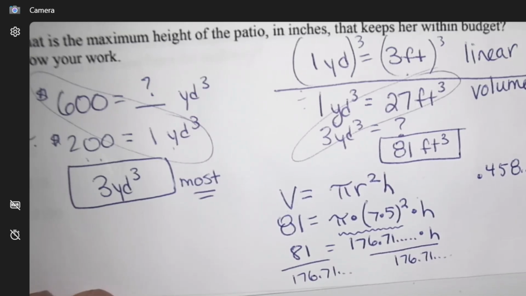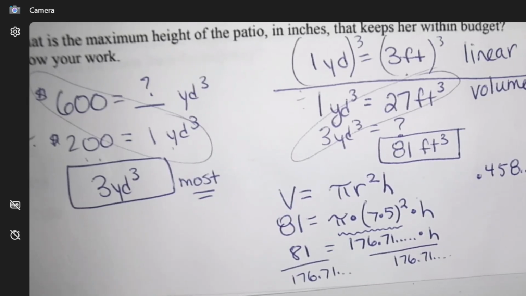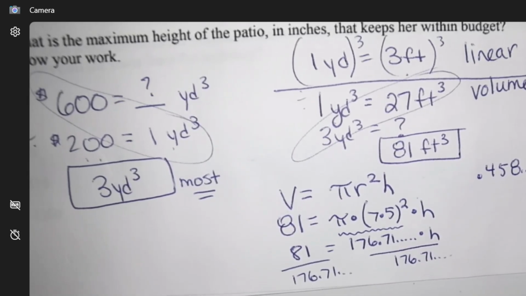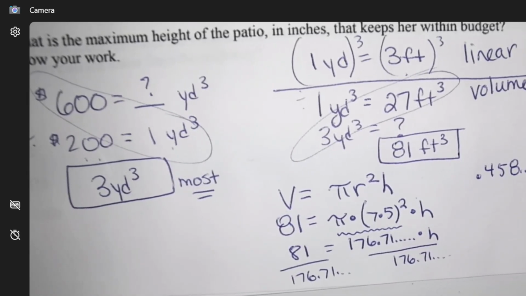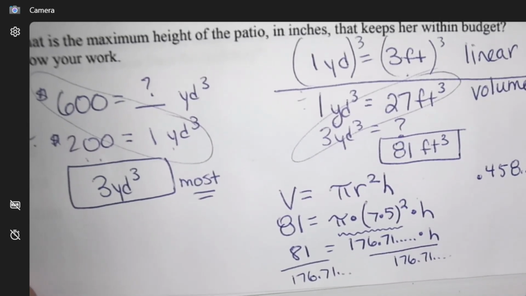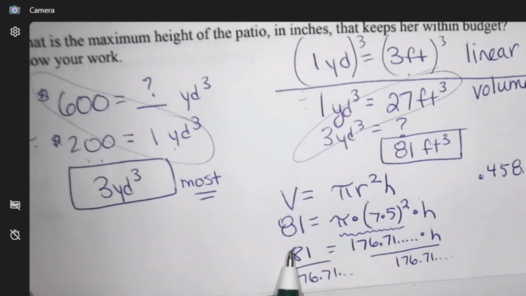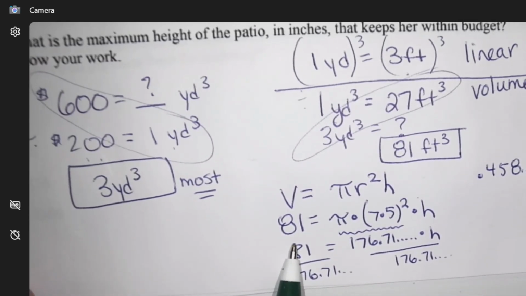Yay, nay? No, that doesn't make sense. Yeah, it does. What did you do, 81 divided by answer, or did you do answer divided by 81 by accident? Does anybody know what I'm in? What was 81 in? Cubic feet.